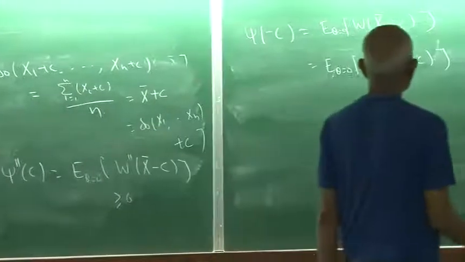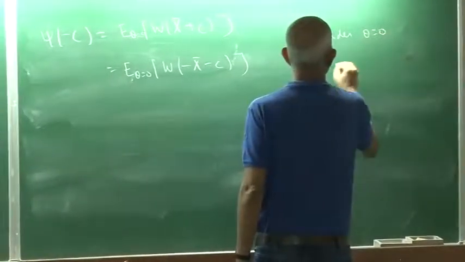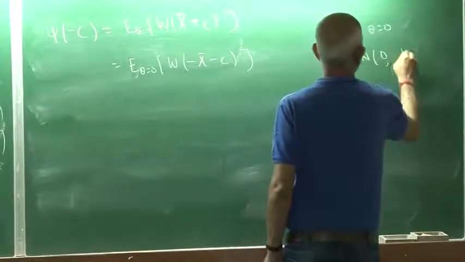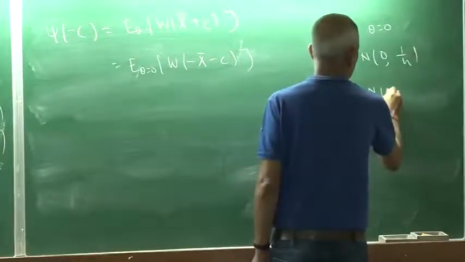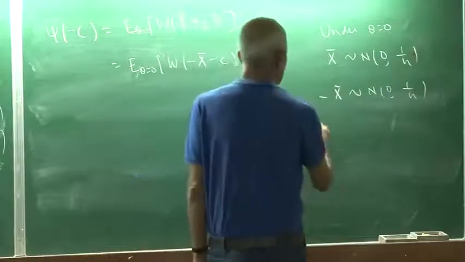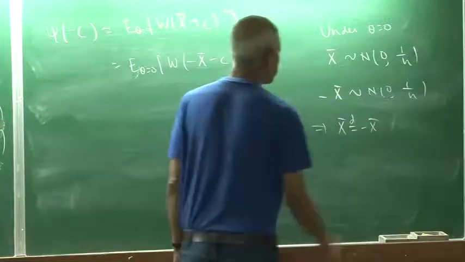Now, under theta equal to 0, x bar has distribution normal 0, 1 by n, and minus x bar also has distribution normal 0, 1 by n. That means x bar has the same distribution as minus x bar.